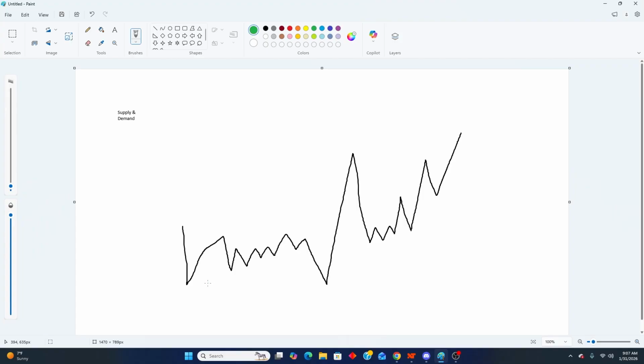We're going to go ahead and mark out demand zones. Demand zones are the same as supply zones, but in the opposite. They are areas where price has to come back to for the longs. Let's mark them out.